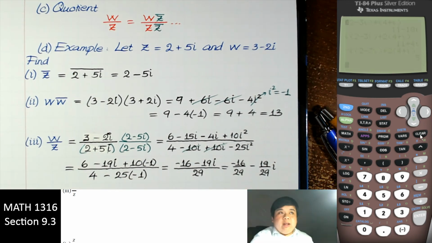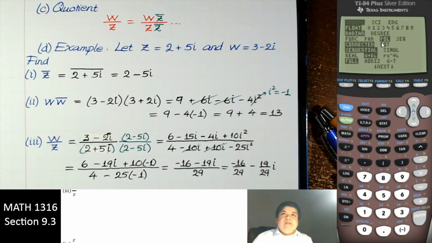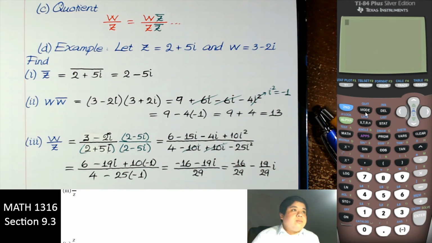So let's say we divide them. 3 minus 2i. Is that still complex? Yes, a plus bi. So we have 3 minus 2i divided by 2 plus 5i. Right. We can change the fraction.